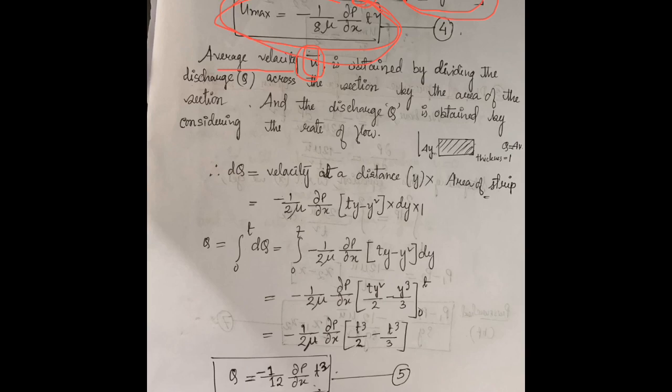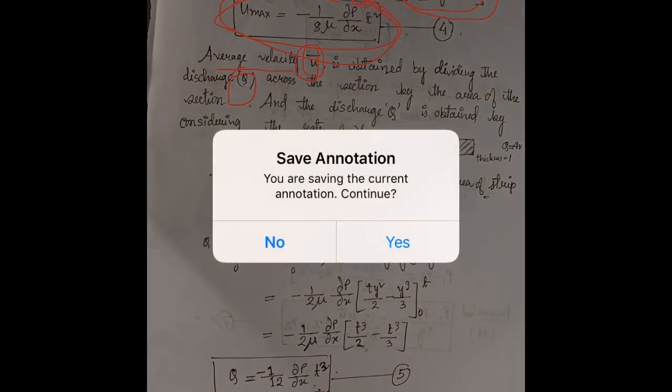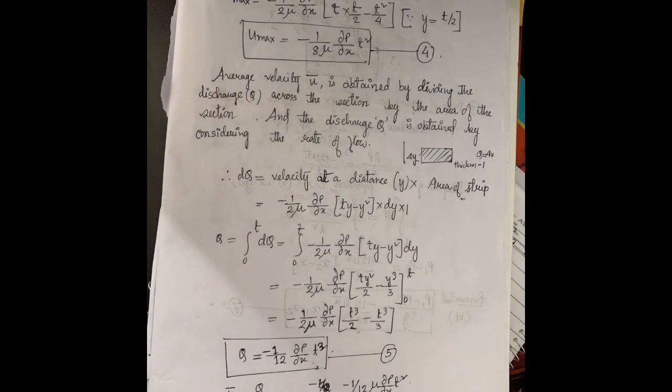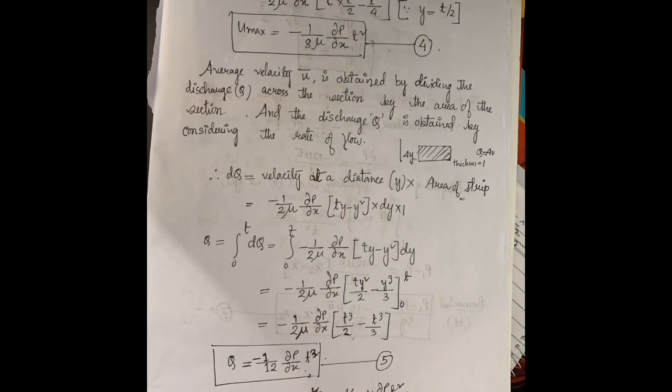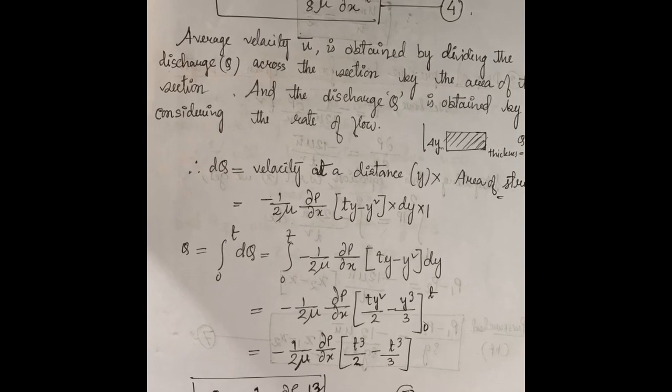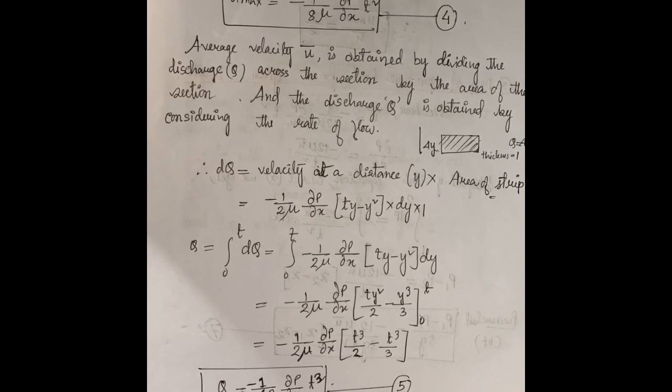After putting the values, you will get minus 1 by 2 mu del p by del x into [t cube divided by 2 minus t cube divided by 3]. So after calculation you will get q as minus 1 by 12 mu del p by del x t cube. Mark this equation as equation number 5.